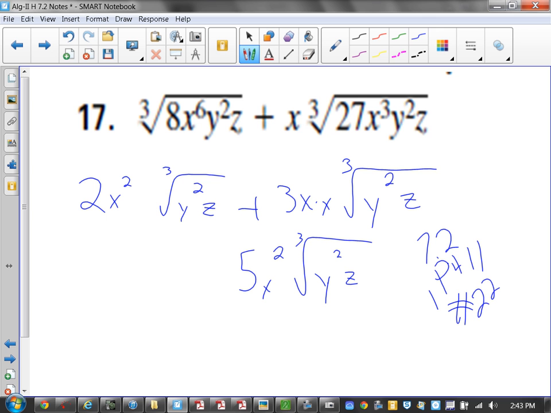Let's go 22 through 54, evens. Don't worry about, I think it's 46 and 48. I think those are the two with the rationalizing. There might be another one thrown in there they have to rationalize. We'll worry about more of that tomorrow.